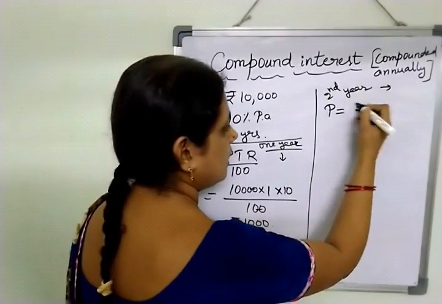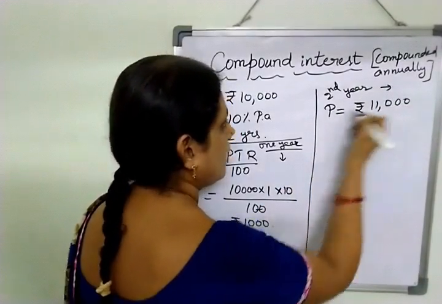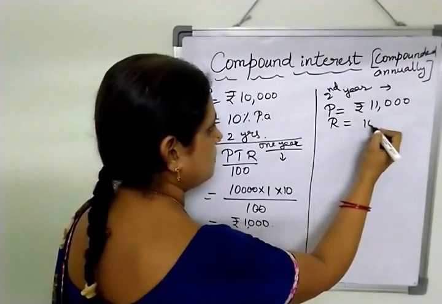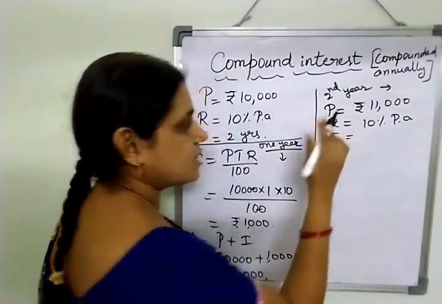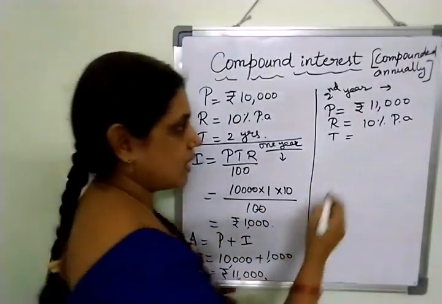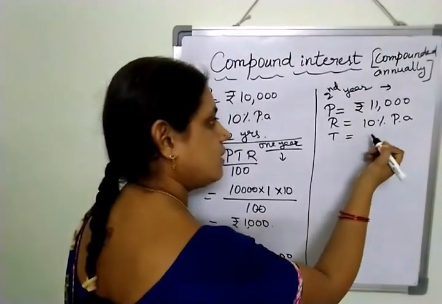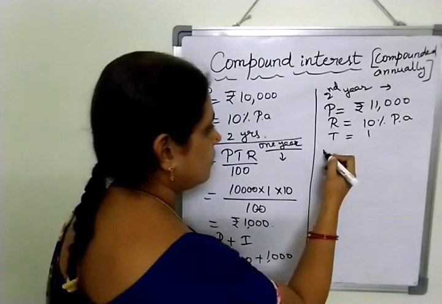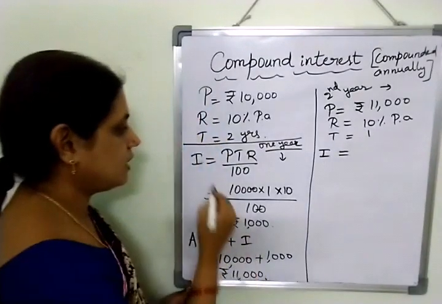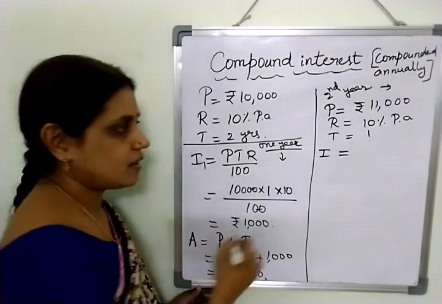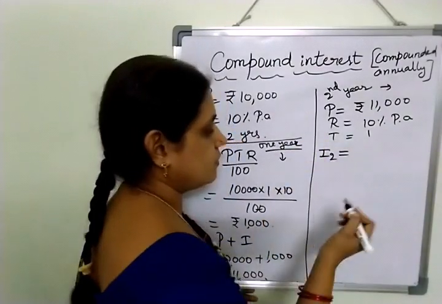So that is 11,000, and the rate of interest is the same, 10% per annum only, and the time period, again for the second year means again for 1 year only we are calculating. So now the T will be 1 only. Here we can take this as the first year interest and this as the second year interest if you want.